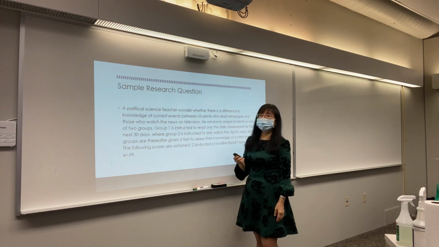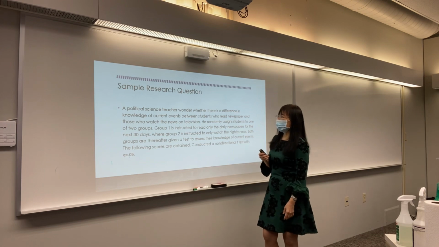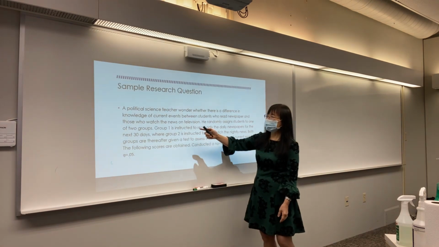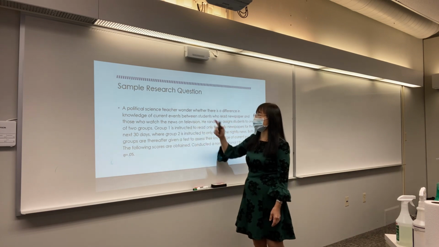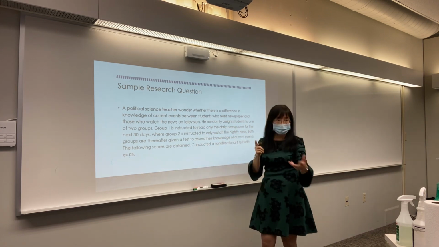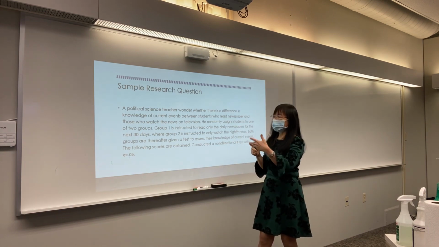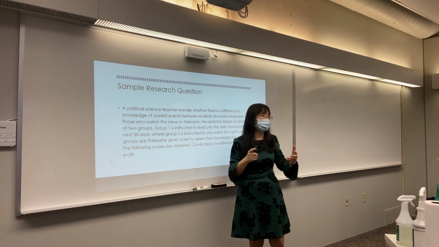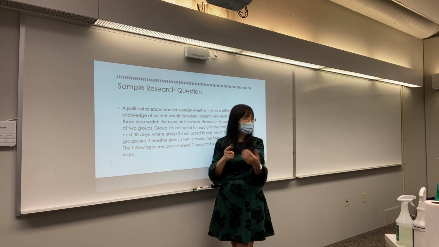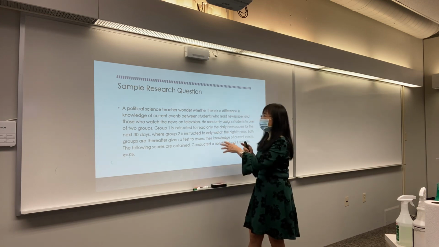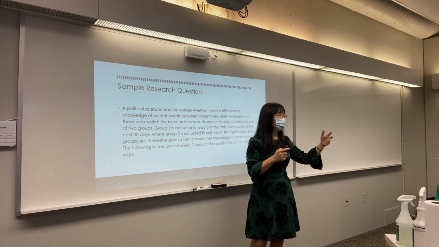Now this is actually from the book. They talk about a political science teacher who wonders whether there is a difference in knowledge of current events between students who read the newspaper and those who watch TV. Of course this book is a little bit out of date now; right now they may have to say either watch TV or use the internet. But it doesn't matter.